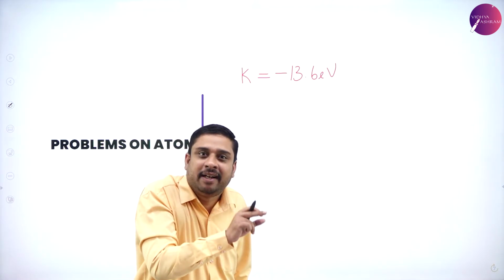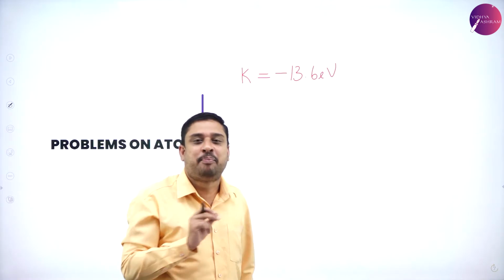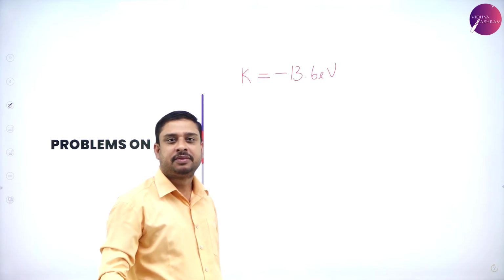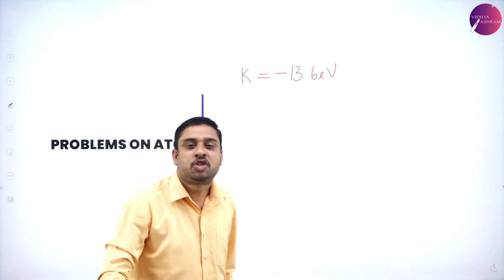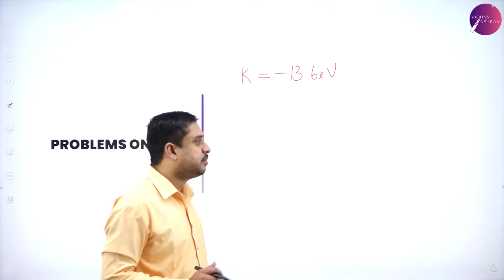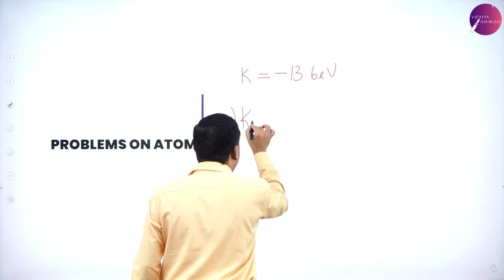So you need to know the relationship between total energy, kinetic energy and potential energy of an electron in the ground state.